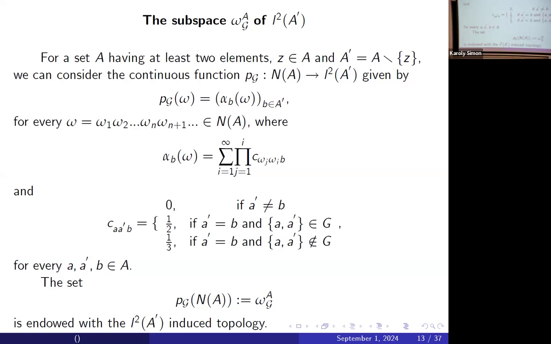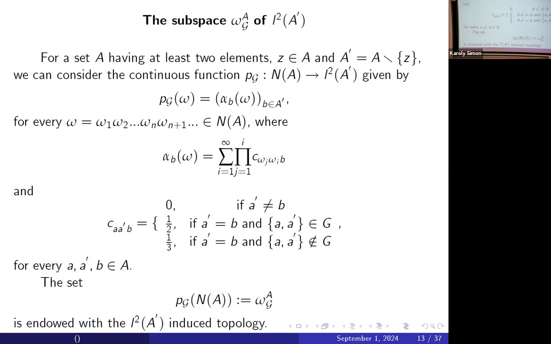If the letter is not b, then the constant is 0. So actually, we care about just the letters which are b. And for such a letter omega_i, we look at the letters in front of omega_i. If the letter in front of omega_i, together with omega_i which is b, is an element of G, in the product we put 1/2. Otherwise, we put 1/3. And in this way, we get the function P_G, which is a continuous function.